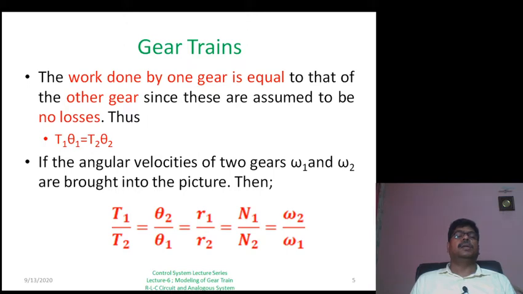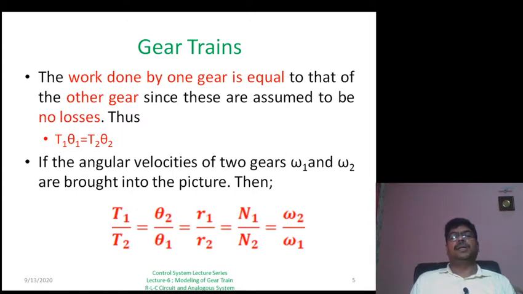So T1 theta 1 will be equal to T2 theta 2, where T1 theta 1 is the work done by gear 1 and T2 theta 2 is the work done by gear 2. These two will be equal if we assume there are no losses.